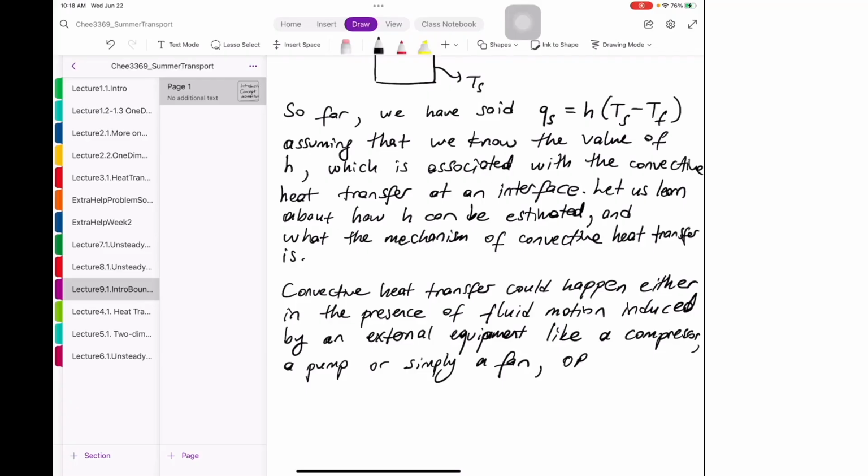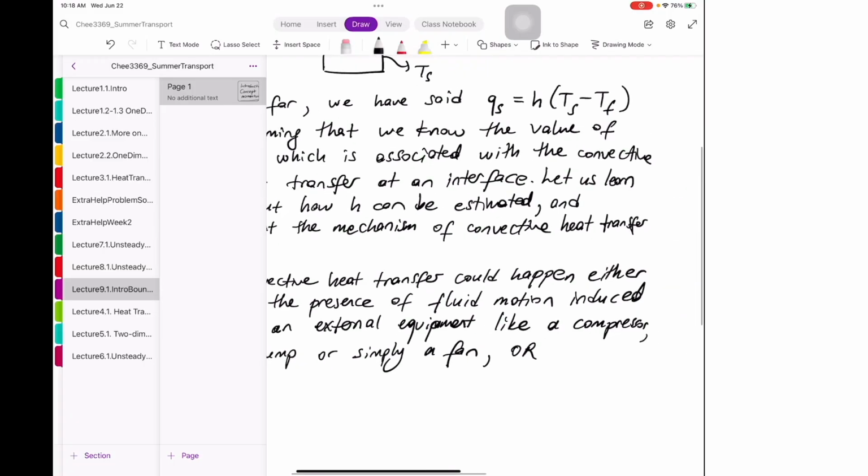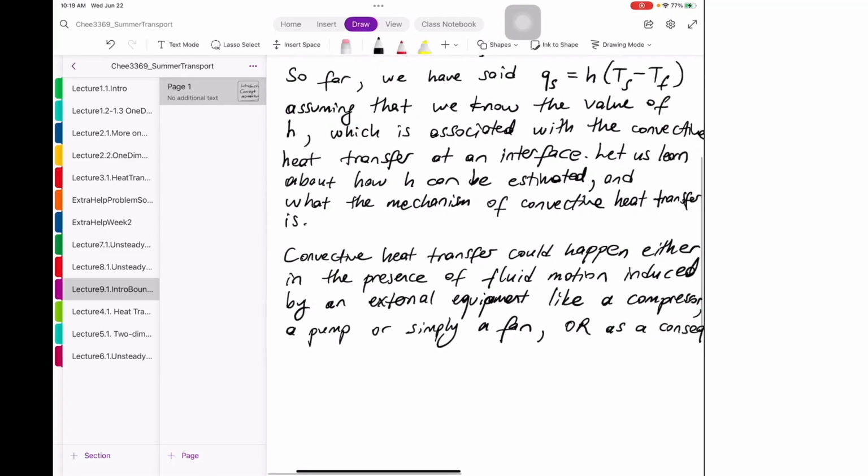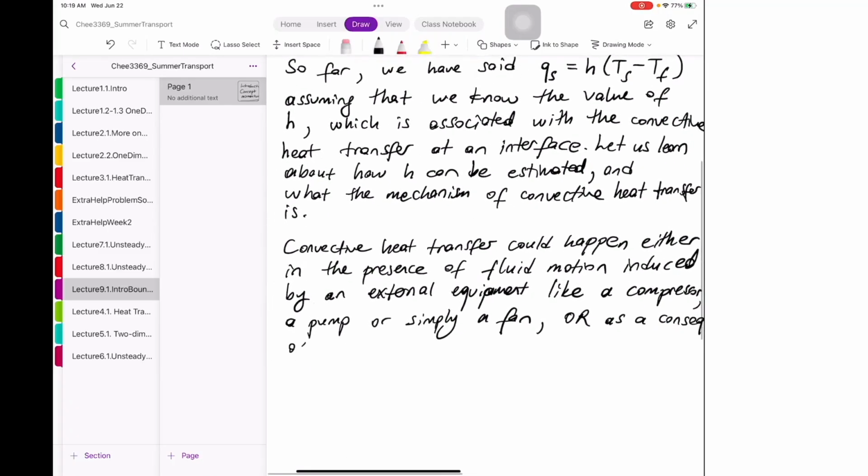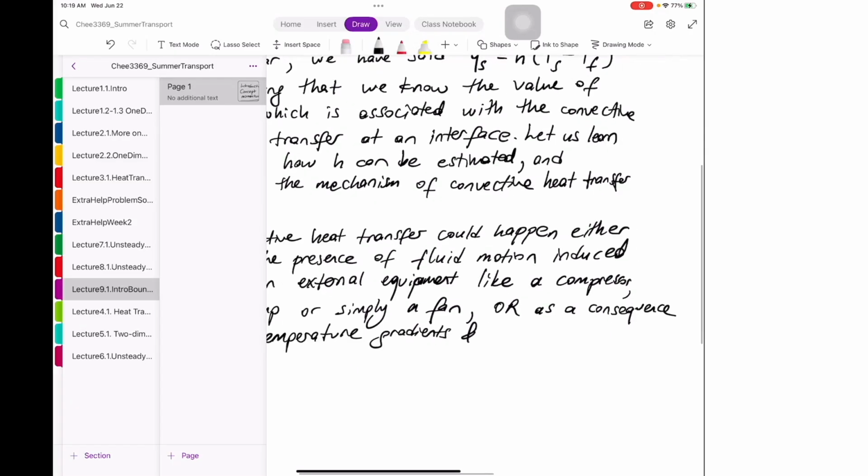Or the second way of doing this is as a consequence, as a result of temperature gradients and buoyancy effects.